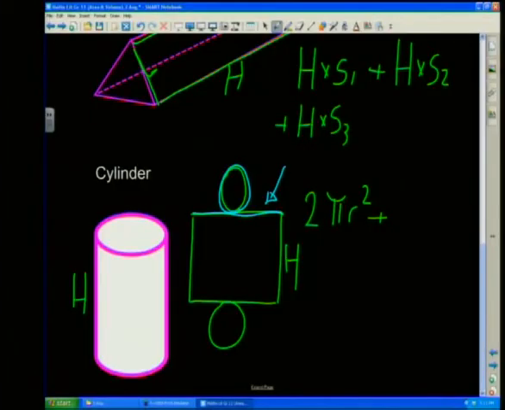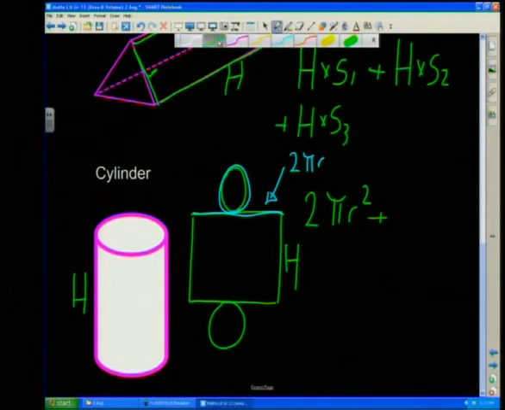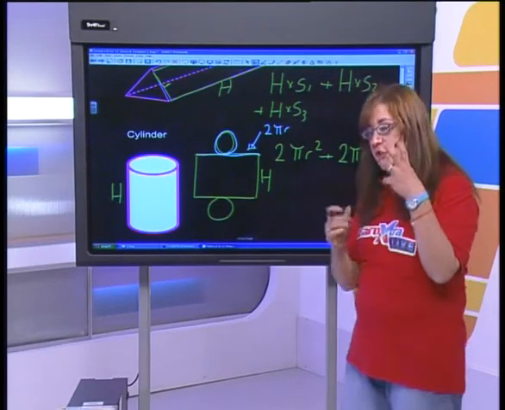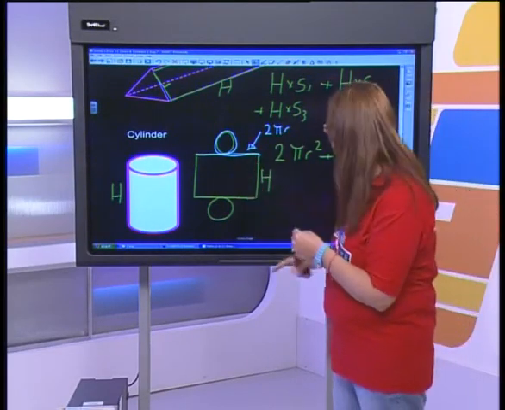And we've just done that the circumference of the circle is 2 pi r. So my formula will then be, let's go back to our green, 2 pi r squared, that's my 2 circles, plus the circumference of the circle times the height of the shape. In fact, that's a capital H in this particular picture. Okay, so that's our surface area for a cylinder.